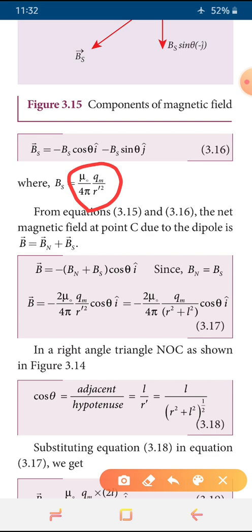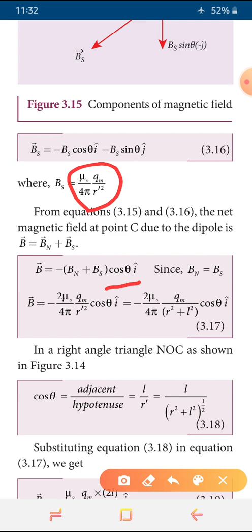The remaining is minus Bn cos theta i cap minus Bs cos theta i cap. The common term is cos theta i cap, which we take out, and the equation becomes minus Bn plus Bs, cos theta i cap.